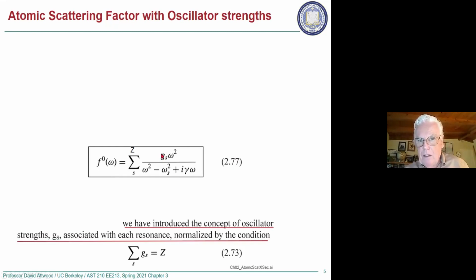And these oscillator strengths are normalized to the total number of electrons Z. I'll tell you that in a moment, or at the end of the lecture, I forget where it comes in, I'll show you what the quantum mechanical interpretation is of the same formula. And in the end, we wind up measuring them in the lab. So what we need is a proper interpretation. I would say that this was an easy mathematical way to get the formula, which you wouldn't get from quantum mechanics, but it takes some little interpretation.